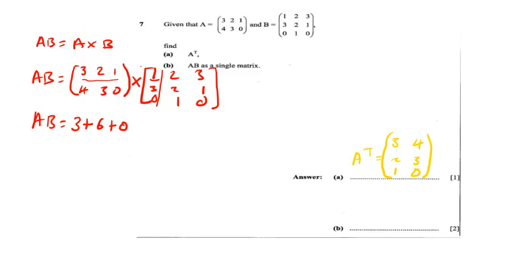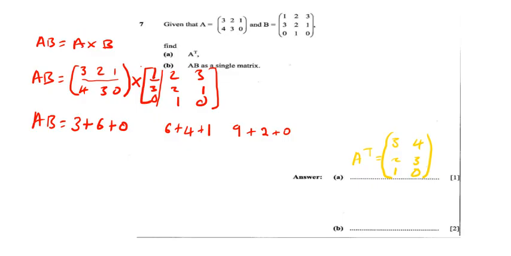So you say 3 multiplied by 2 is 6, plus 2 multiplied by 2 is 4, plus 1 multiplied by 1 is 1, like that. You are moving to the next column, you also move to the next. So 3 multiplied by 3 is 9, 2 multiplied by 1 is plus 2, and then 1 multiplied by 0 is just 0, like that.